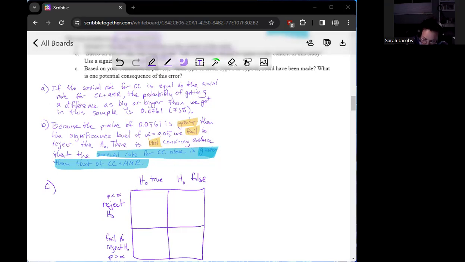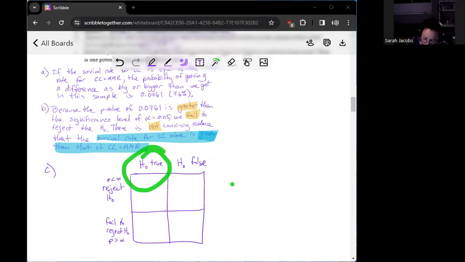Okay. So if the null hypothesis is true and we reject it, that is a type 1 error. If the null hypothesis is false, but we fail to reject it, just get a weird little edge case there, that is a type 2 error.